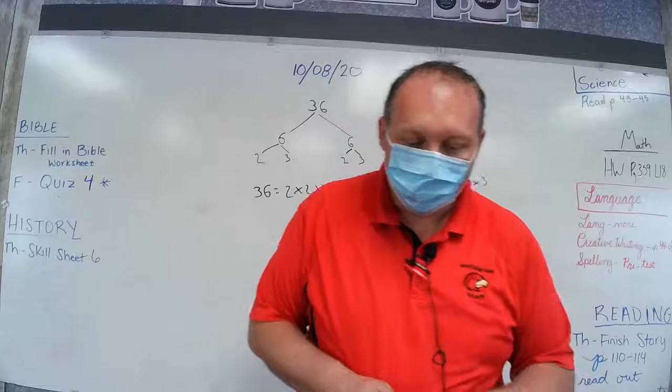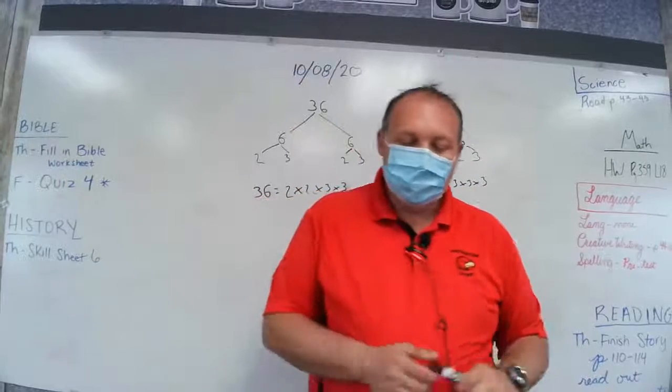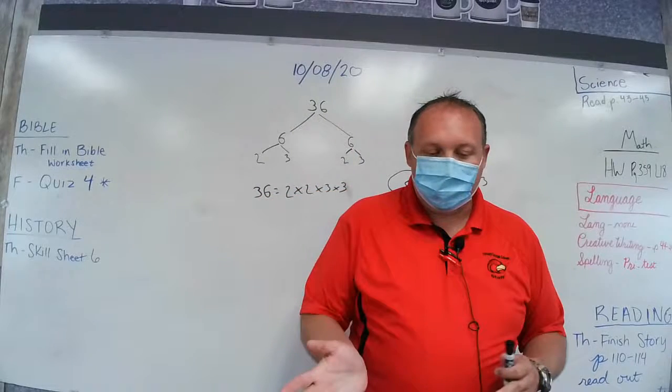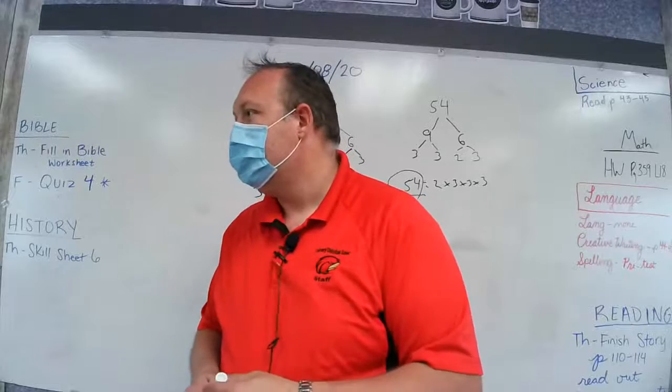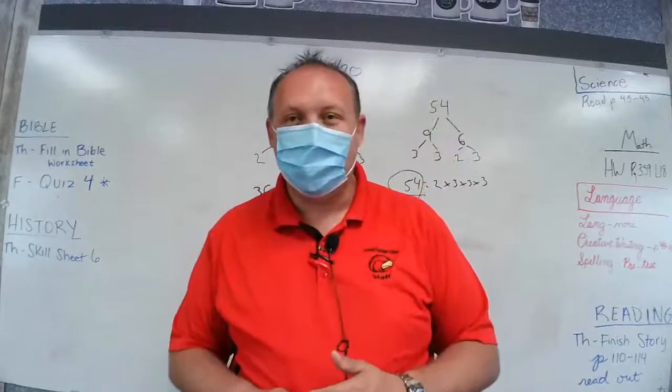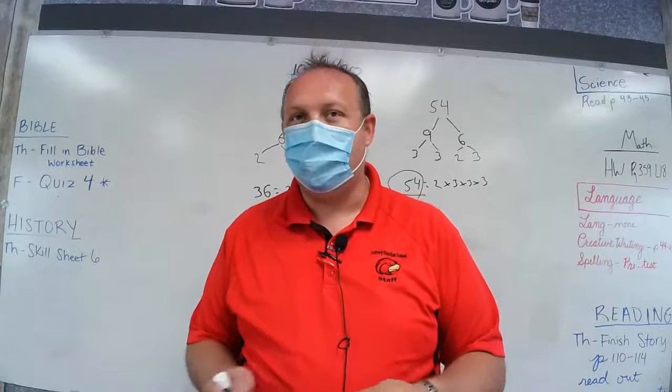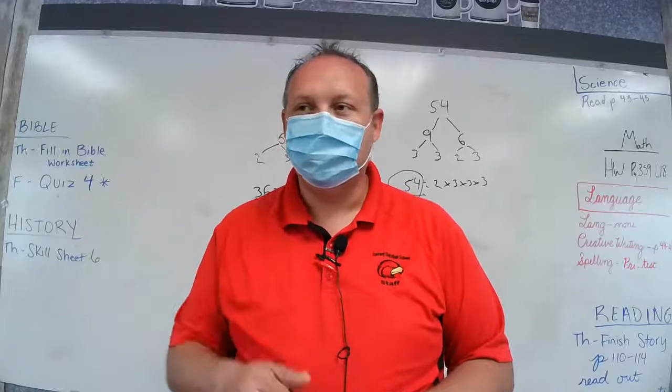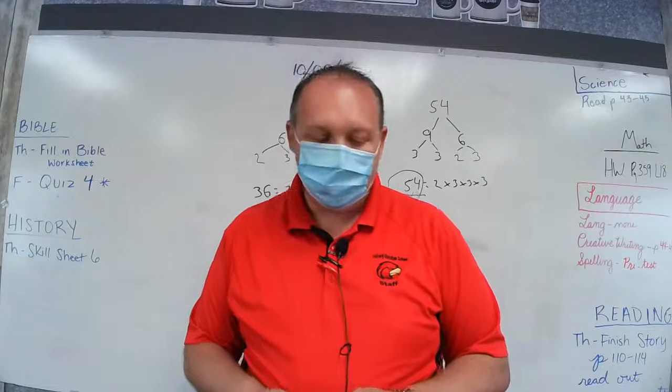Okay, so let's look at letter B. Letter B, they give the number 40. And then it breaks it down into the factors of 4 and 10. Tony, what are the factors of 4? 2 and 2.